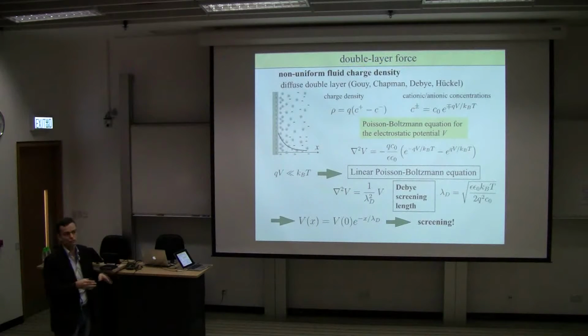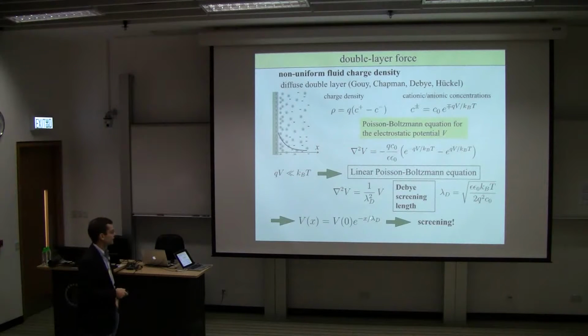So the interaction is going to vanish, right? So it's screened away for distances larger than this lambda D, which is the typical length scale important here. So this is the solution for a plane, right?